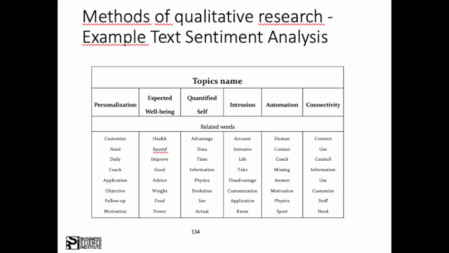And so we generated one topic about personalization with words such as customize, expected; well-being with words like health, status, improve, weight; a topic quantified self with related words such as advantage, data, time, physics, intrusion into private life, intrusive, customization; a topic about automation, human, missing; and a last topic about connectivity: connect, use, information, customize. So we generated this with a word count and topic analysis done by R.